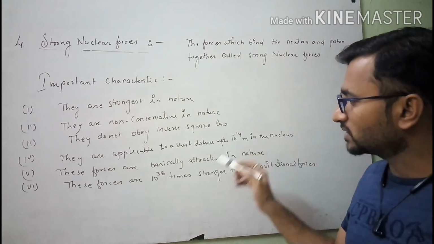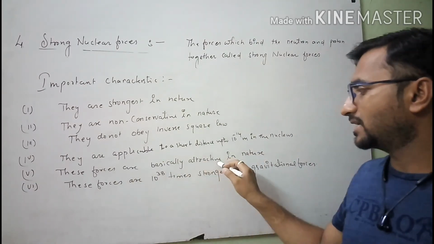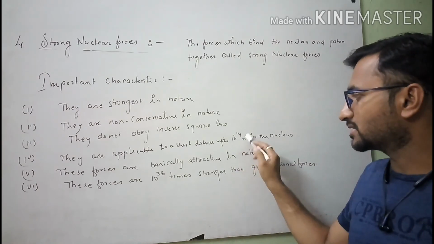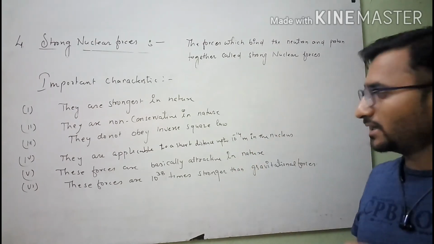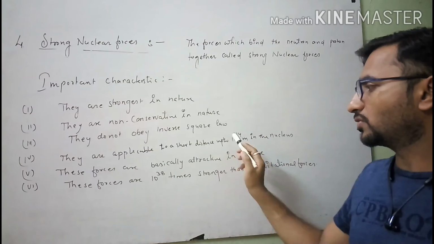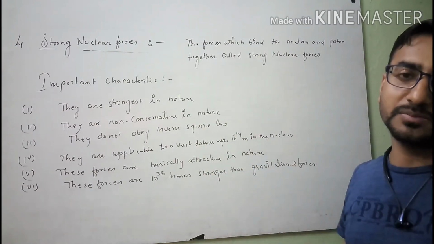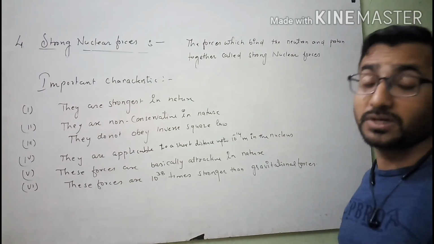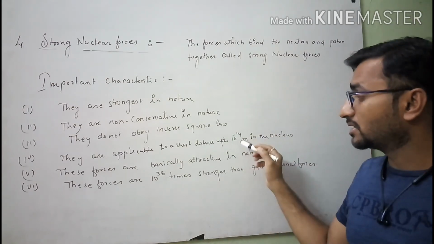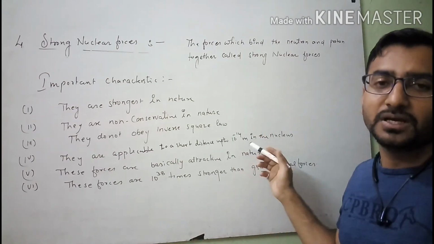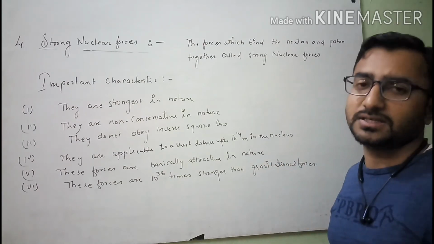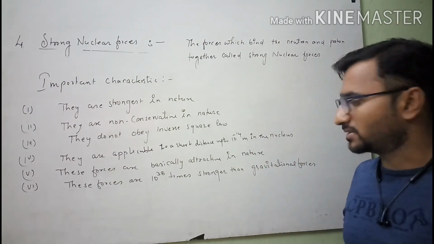Next, these forces are basically attractive in nature up to this distance. After that, the characteristic of this force is diminished when the distance between them comes closer to the distance which is called Fermi distance.